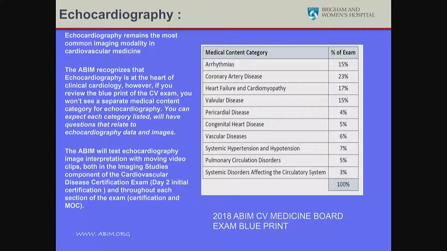So the ABIM will test echocardiography image interpretation with moving video clips, both in the imaging studies component of the cardiovascular disease initial certification exam, which takes place on day 2, as well as throughout each section of the exam. And that pertains to the booklets that are covered in the initial certification as well as the maintenance of certification exam.